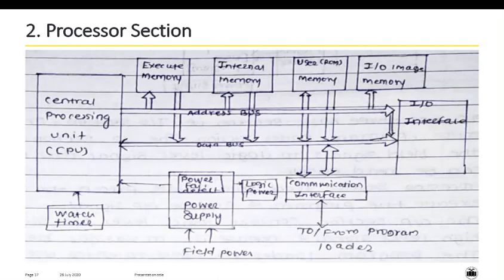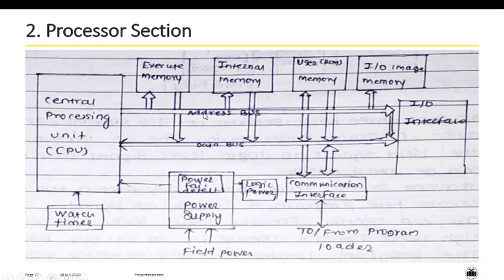Next is the processor section. It is the second section, and in its block diagram you can see there is one central processing unit. Then it has an address bus as well as a data bus. What is the purpose of these buses?